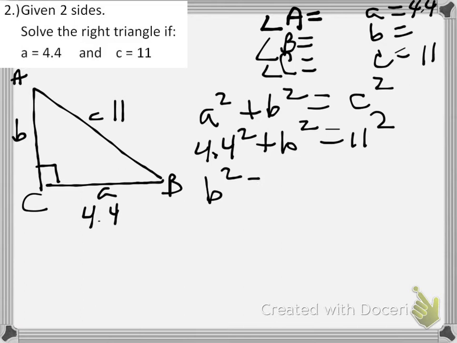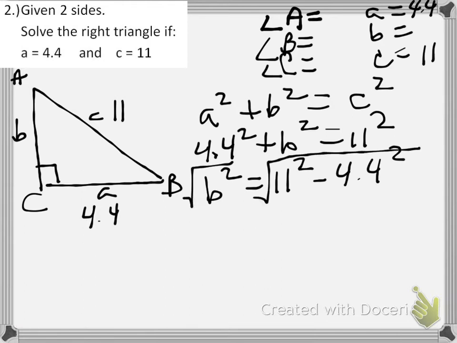So this will be b squared equals 11 squared minus 4.4 squared. And I want b by itself, so I'm going to take the square root of both sides. And if I plug the right-hand side into my calculator, I would get that side b is 10.08. So I'll put that up here, 10.08.